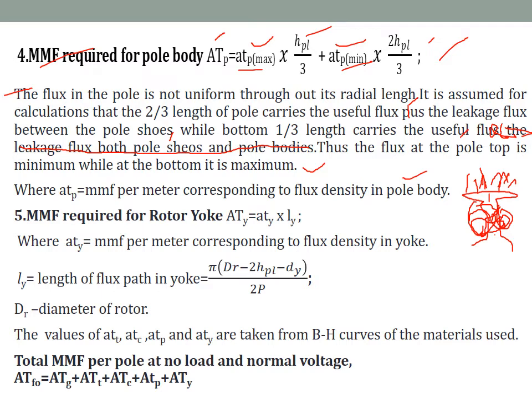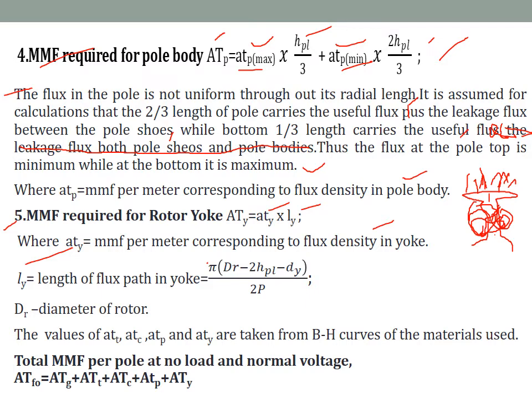Now coming to MMF required for rotor yoke, ATY is equal to small ATY, ampere turns required per meter for corresponding flux density in the yoke, that is for the rotor hub, multiplied by Ly. So ATY is the MMF per meter corresponding to flux density in the yoke. Ly is the length of the flux path in the yoke. Pi Dr is the rotor circumference.